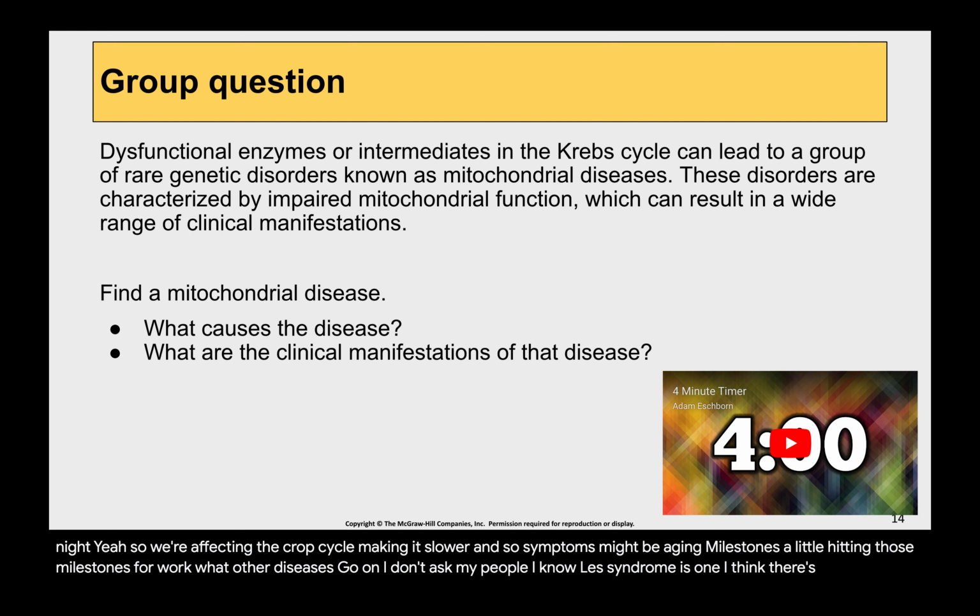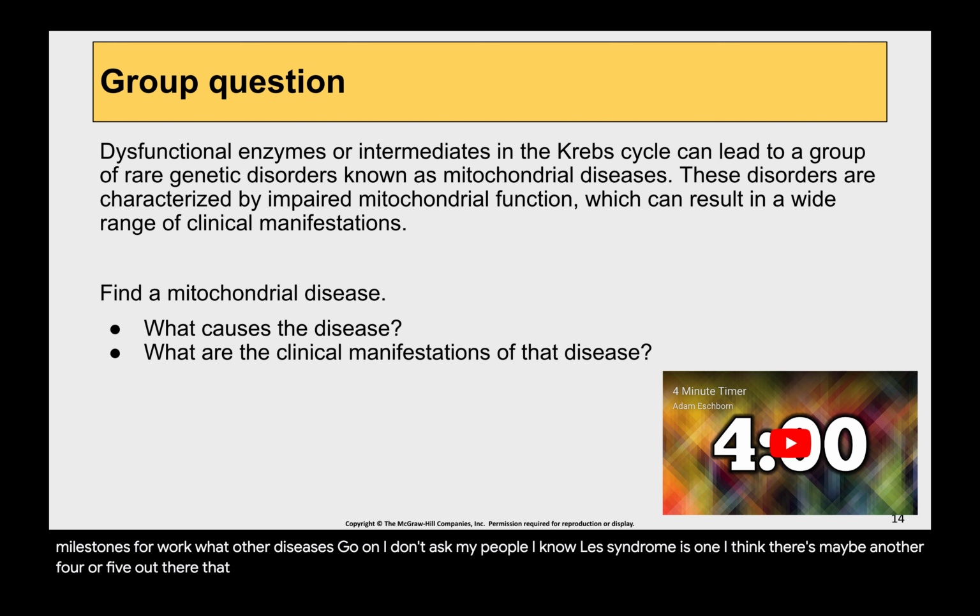I think there's maybe another 4 or 5 out there that are common in terms of rare diseases. But they all affect the Krebs cycle in some way, shape, or form, and we can have various symptoms. All right.